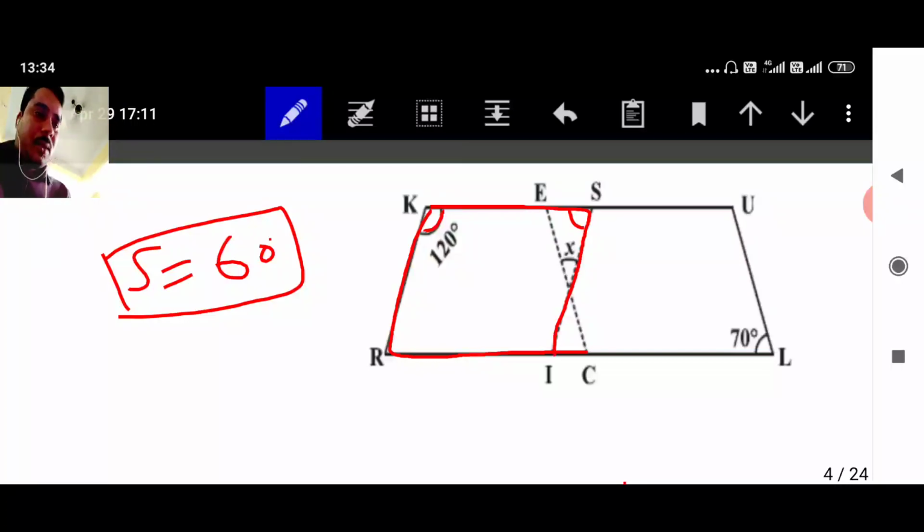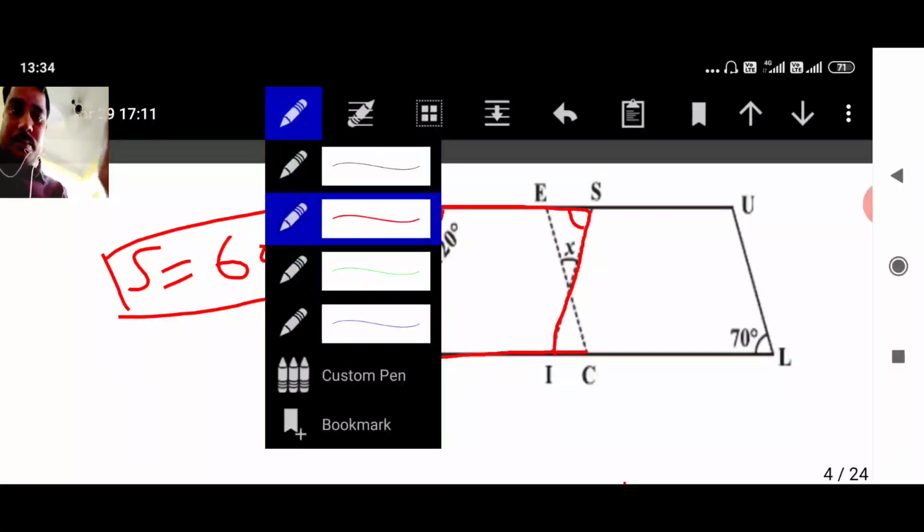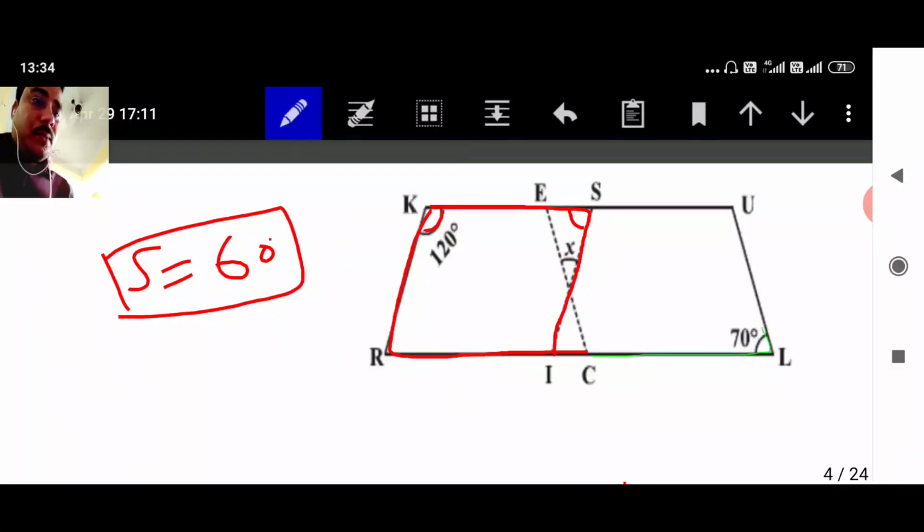Similarly, in this parallelogram CLUE, this angle is 70. So what is the value of angle E?